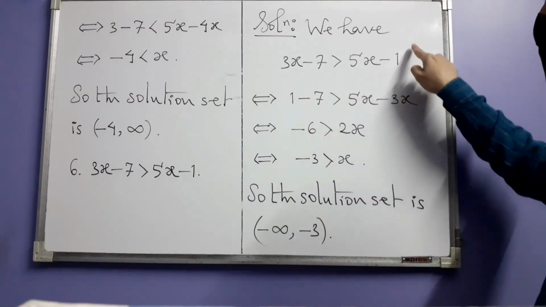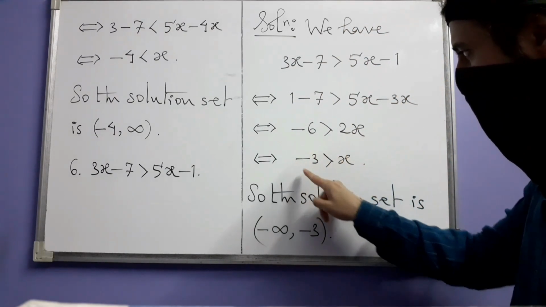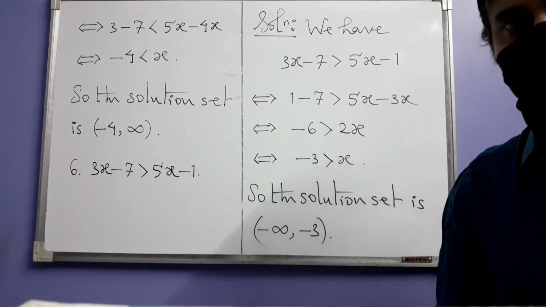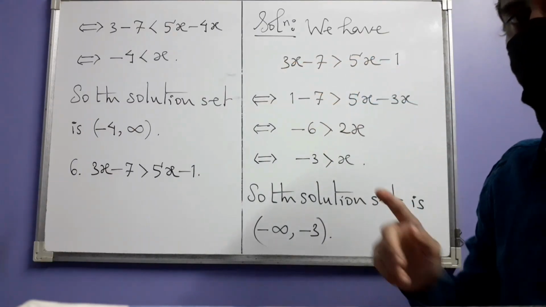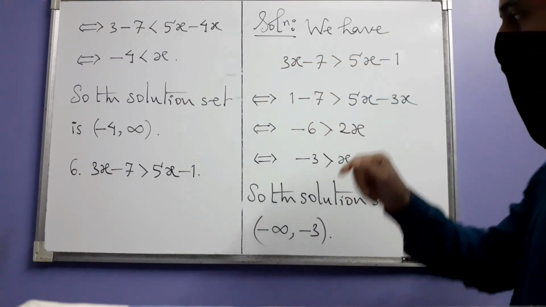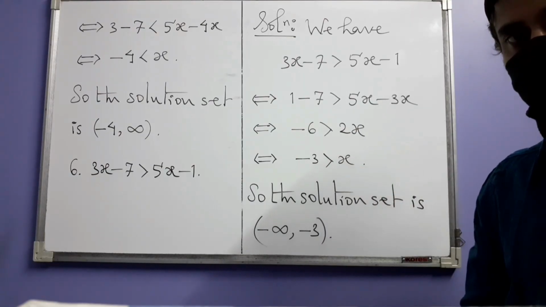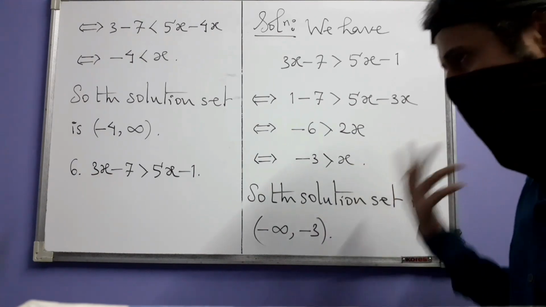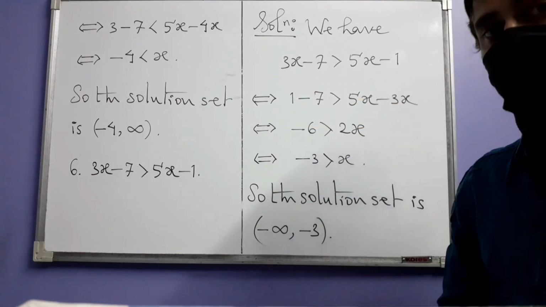You are considering an inequality and then you do something and get a statement about x. What does it tell you? It tells you that if x is a real number satisfying this inequality, then x needs to be less than minus 3. But is the converse also true? If x is really less than minus 3, will it also satisfy this inequality? Yes.